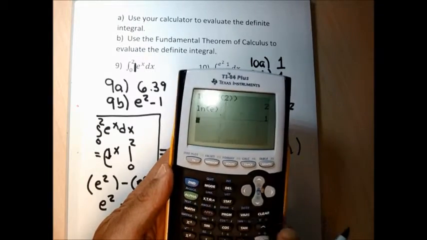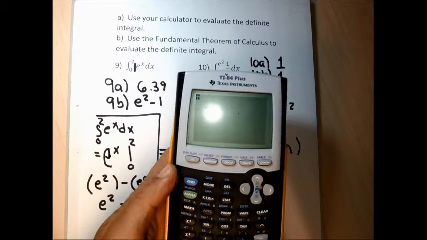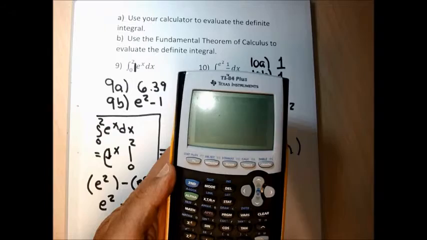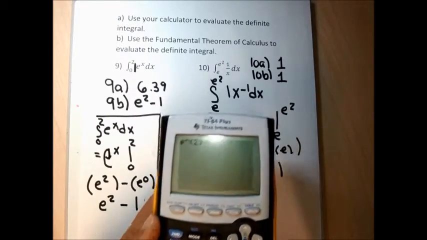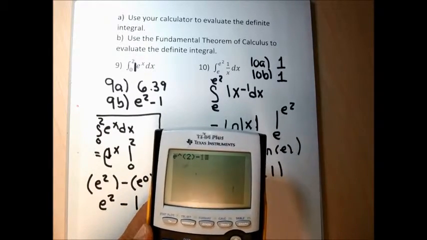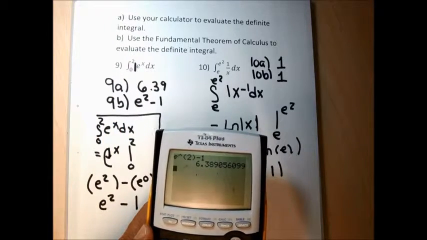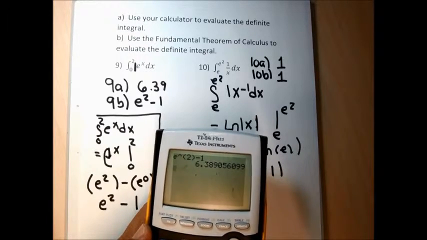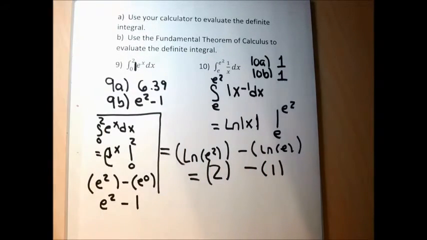So second ln of e squared, and then minus 1, and that's entering that. It better be 6.39, and it exactly is. So when answers can have e's in them, I want the e's in them. When answers can have fractions, I want the fractions in them. So that would be perfect for 9. And so I did number 9 for you, I guess.